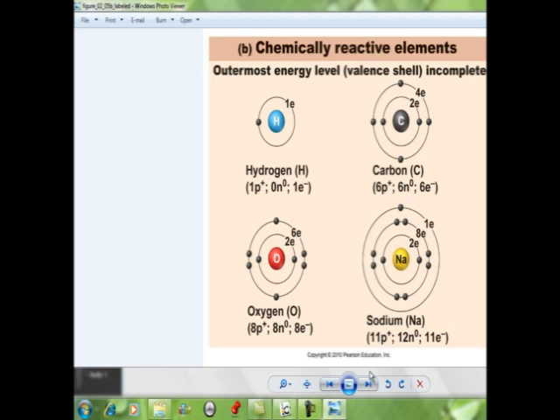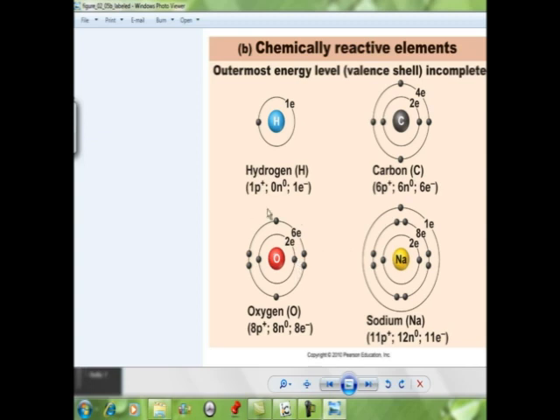So I can write a dot map for anybody. Say I go to oxygen. Look at this guy down here. All right, look on your periodic chart. How many protons does oxygen have? 8. How many electrons does it have? 8. Okay, so 8. I'm going to put 2 in the first one, and then what's left? 6.